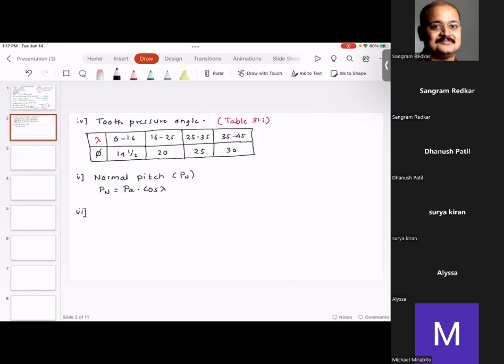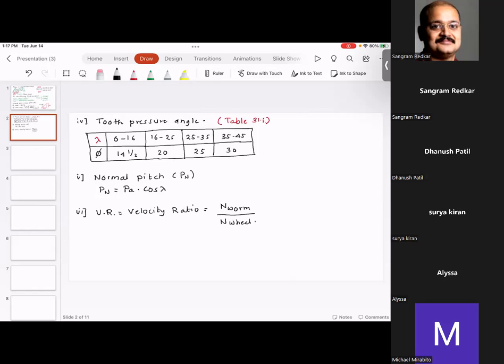And the last part is the velocity ratio. That is the speed of revolution of worm divided by RPM of wheel.